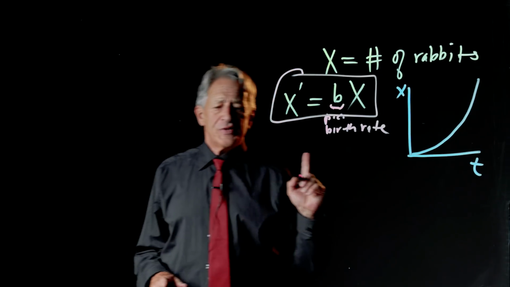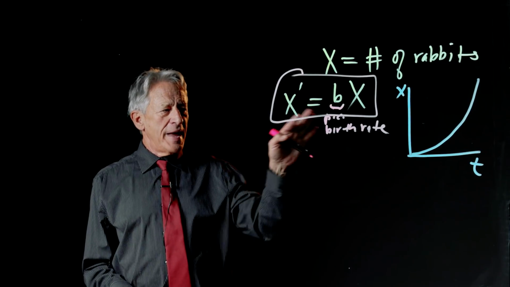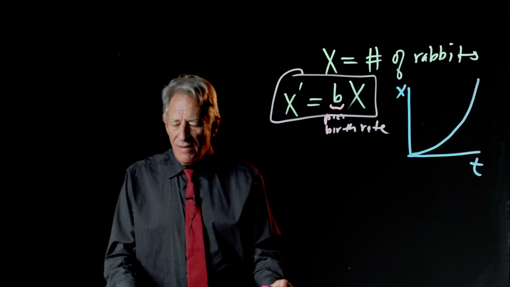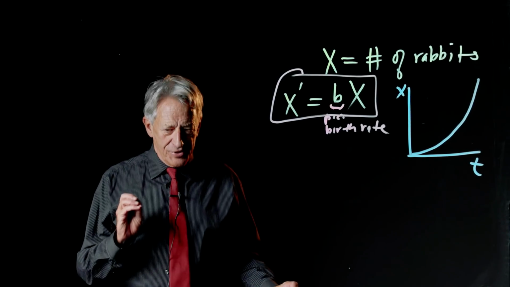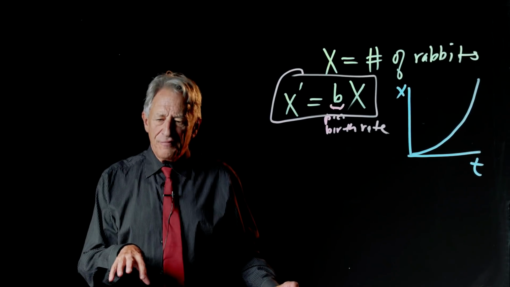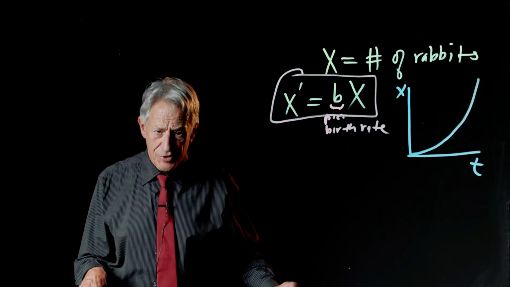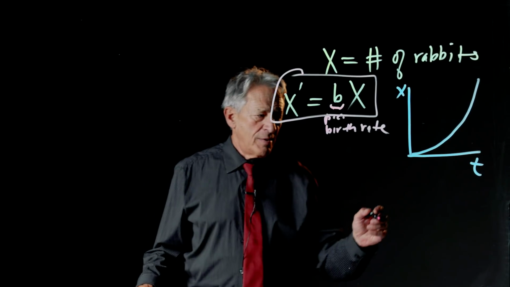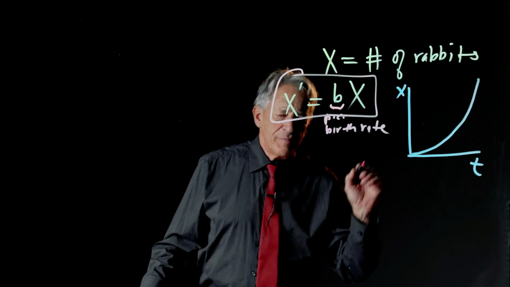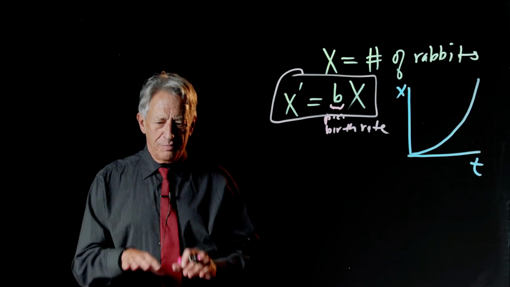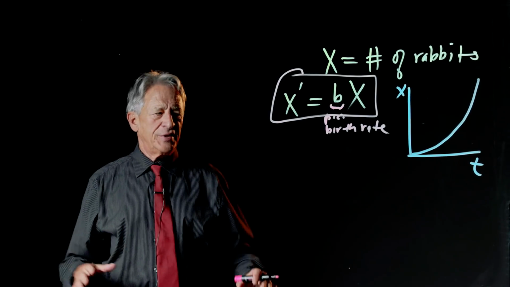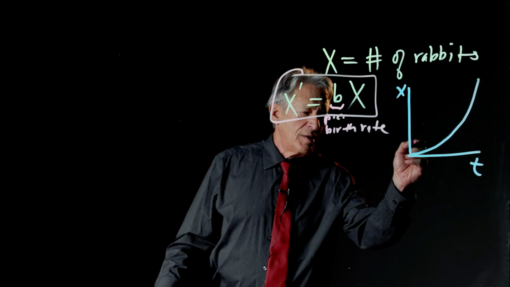So, of course, when I say this is a bad model, all models are bad, but some of them are better than others for certain purposes. Now, you may remember, for example, back in high school, you put the bacteria in the petri dish, and the bacteria multiplied.